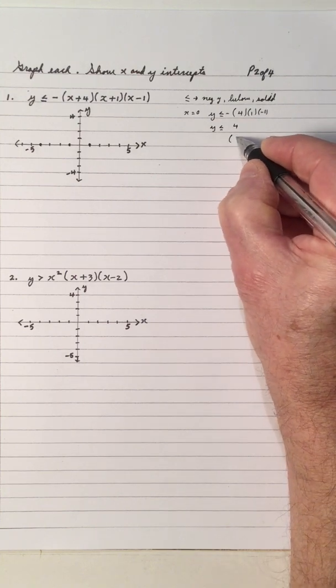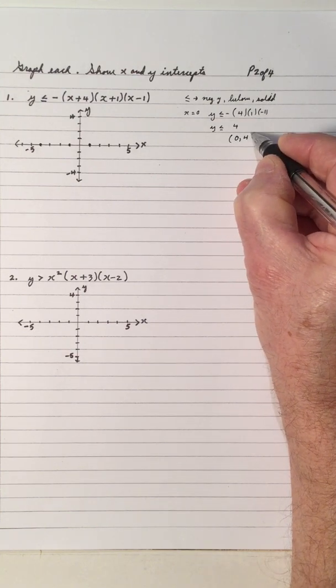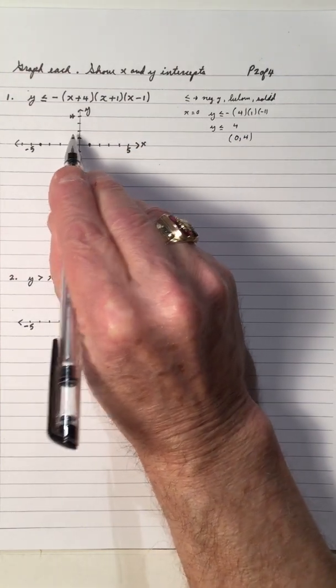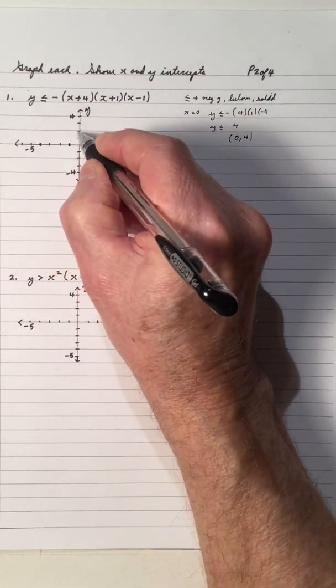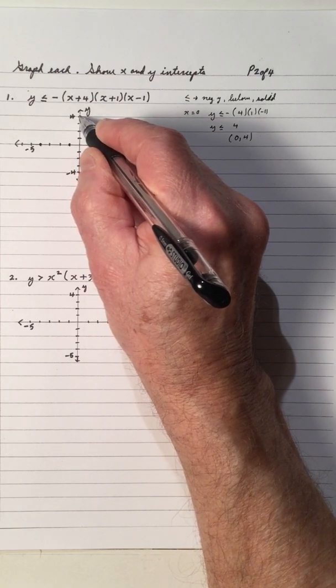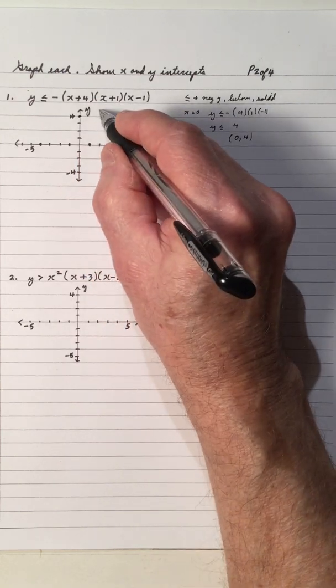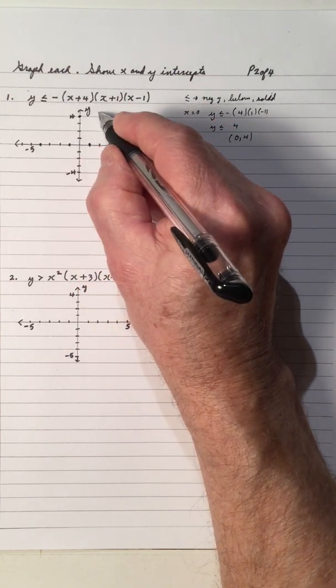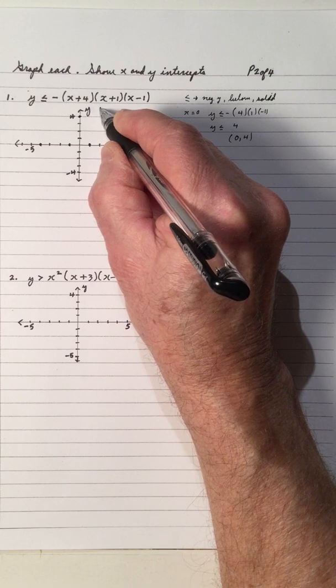So 0 gives you a 4 as a y-intercept. So x is 0, y is 1, 2, 3, 4 right there. So it's intersecting through here. So we're going to come down, and it's solid because it's equal to.